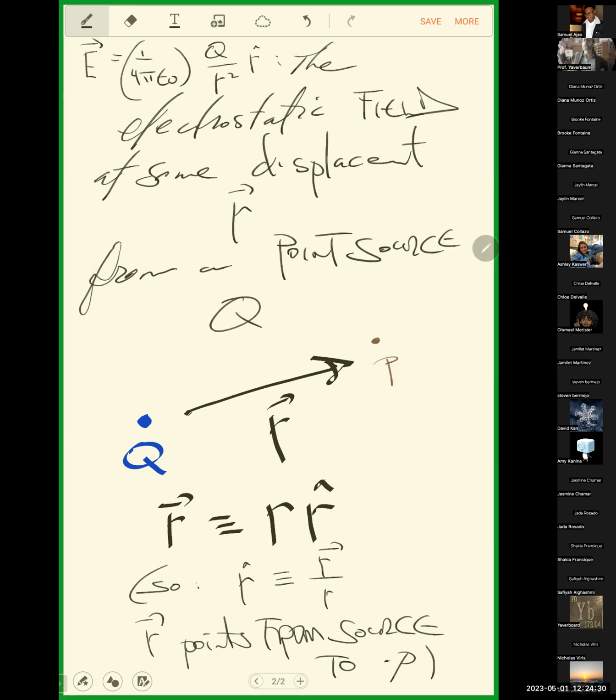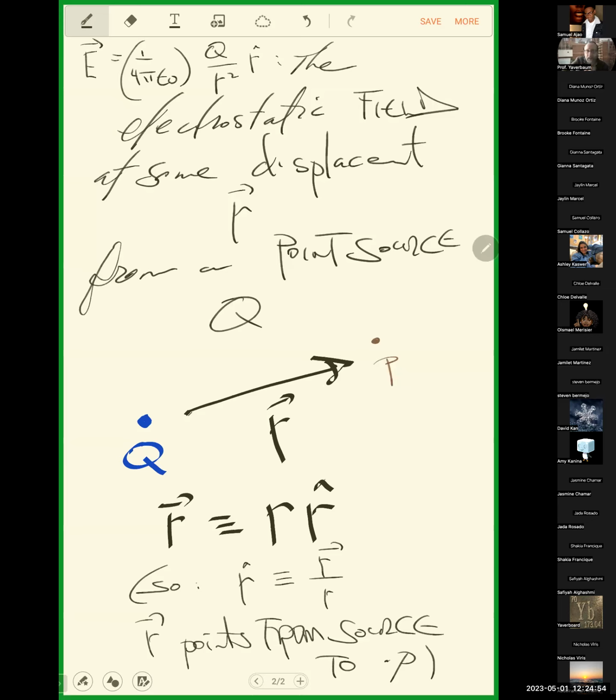The number of newtons that each coulomb of charge would be pushed or pulled by the original Q, and the orientation of the vector sitting there at that location of space indicates the direction in which each imagined test charge of positive 1 coulomb would be pushed or pulled at that location in space, right?